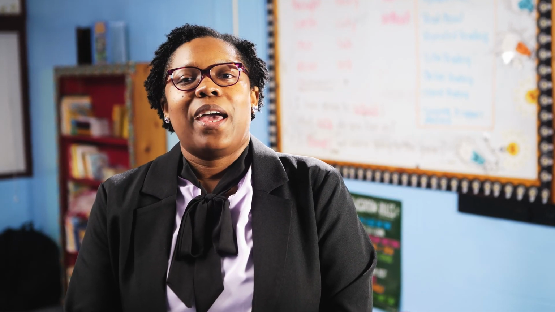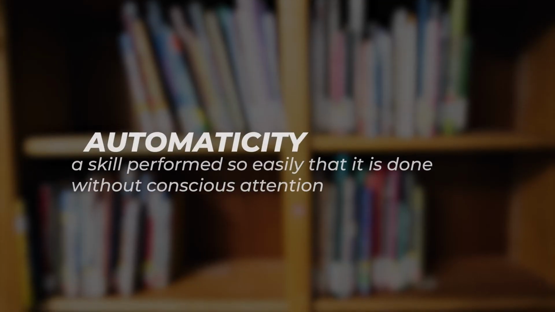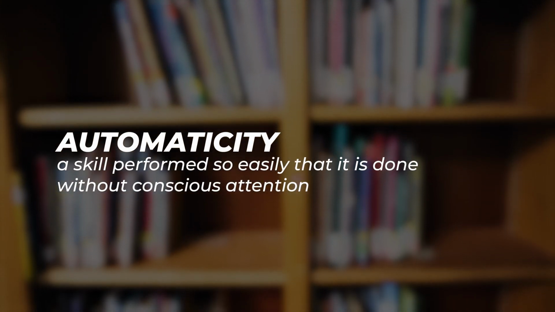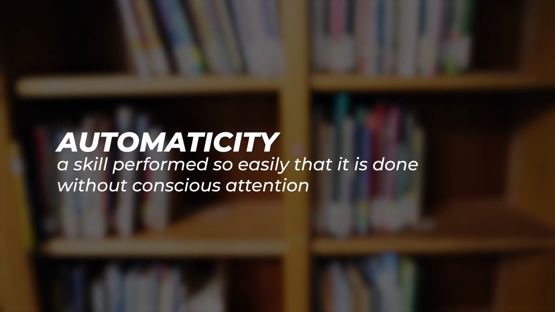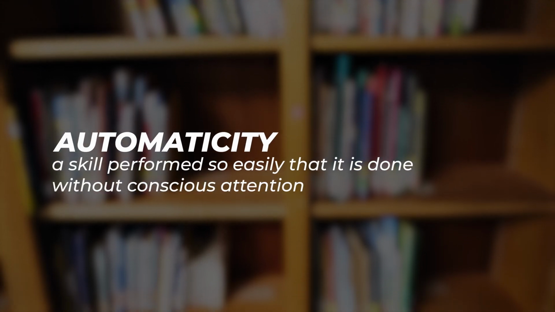In terms of reading connected text, fluency can be described as reading accurately at an appropriate rate with expression and deep understanding. Fluent reading sounds natural, as if you are speaking. Automaticity occurs when a skill is performed so easily that it is done without conscious attention.